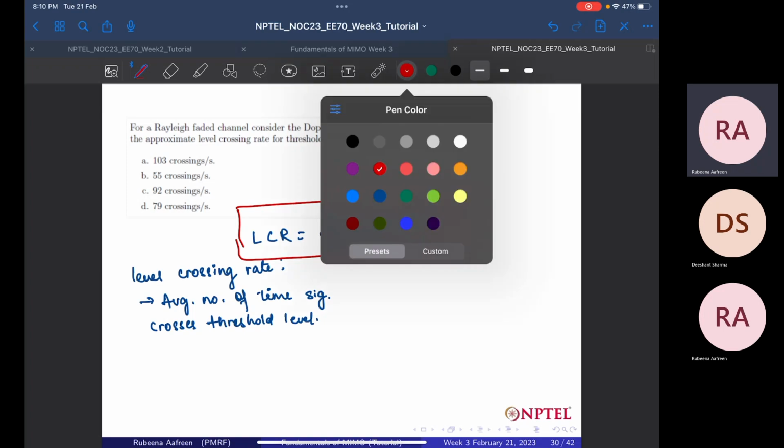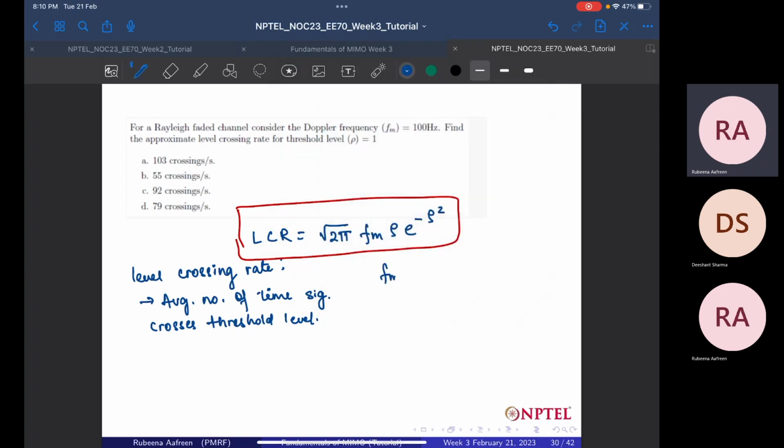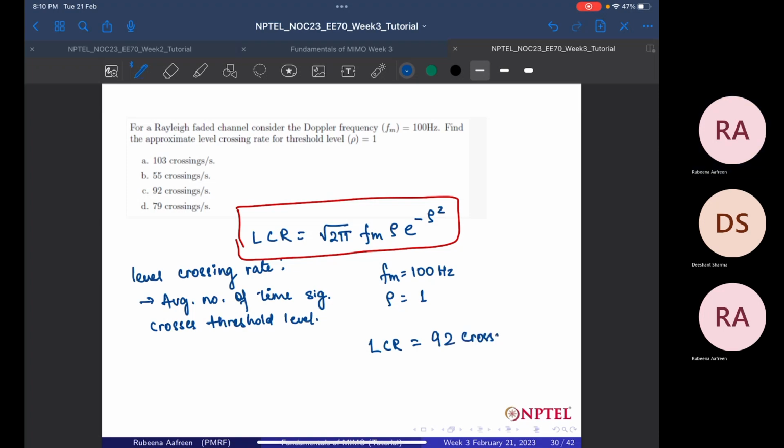So suppose your Doppler frequency is given as 100 hertz and the threshold level rho is given as 1. So what would be the level crossing rate? It's 92 crossings per second. Okay. So the answer is C.